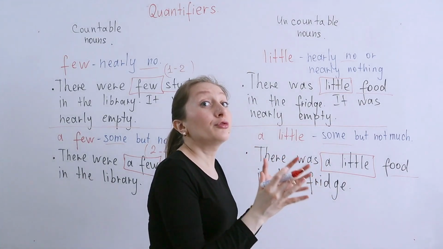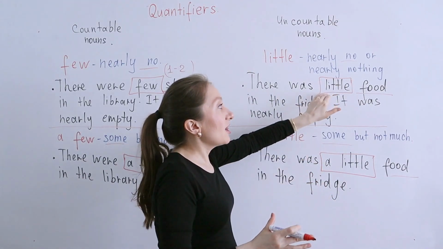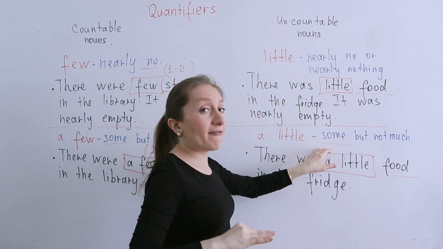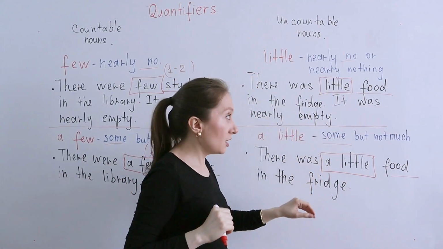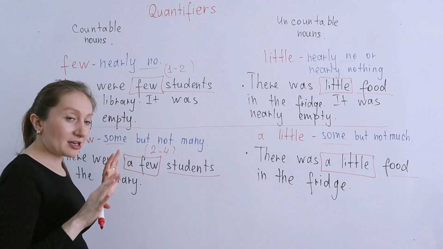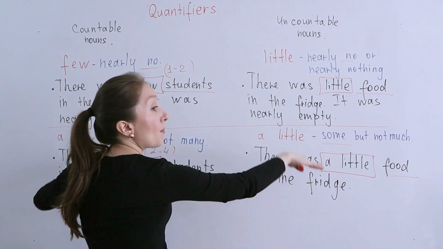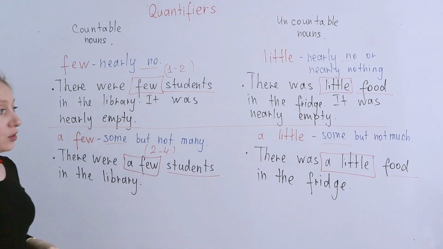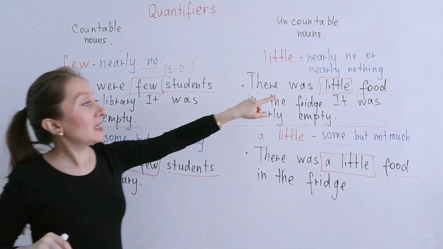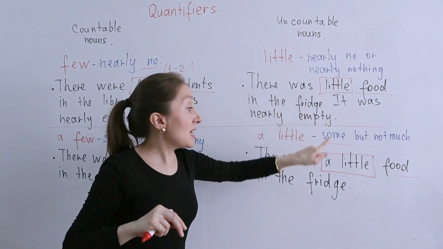There is some food, right? There is almost no food. Here you have more, all right? Nothing, something. Here you have more, a little. So, few, a few. Little, a little.